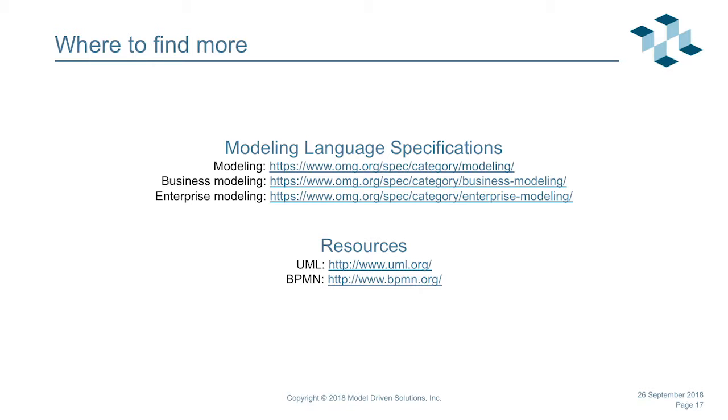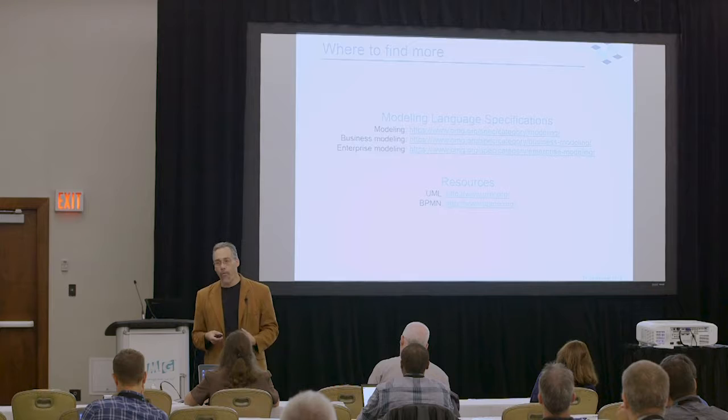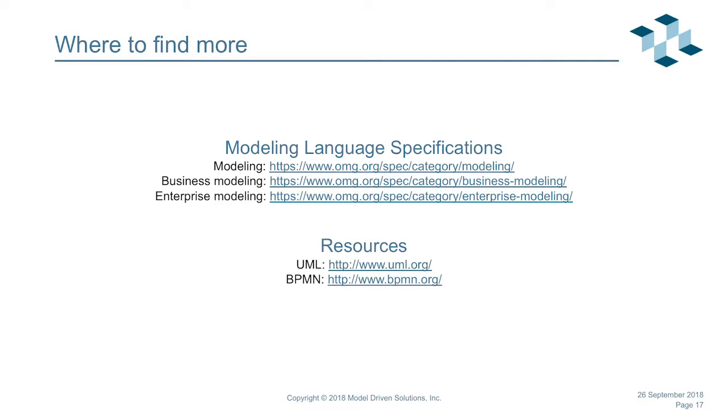So you can find the specifications for all the standards that I talked about by following those links, and there's a table and it'll list everything. But if you want specifically just resources about UML or BPMN, including links to some of the other standards that I talked about relative to those base standards, you can go to uml.org or bpmn.org. That's easier to remember. So you can use that as the starting place.